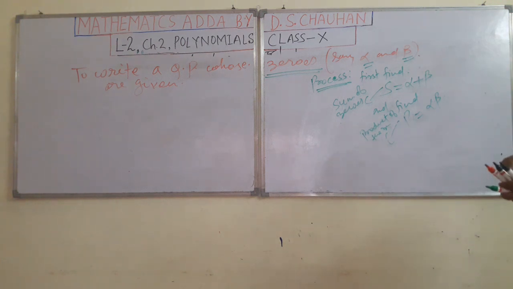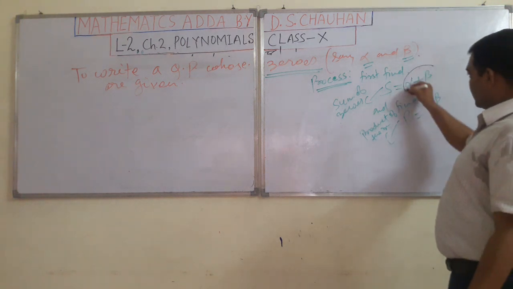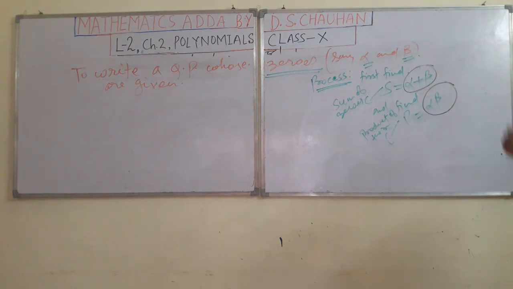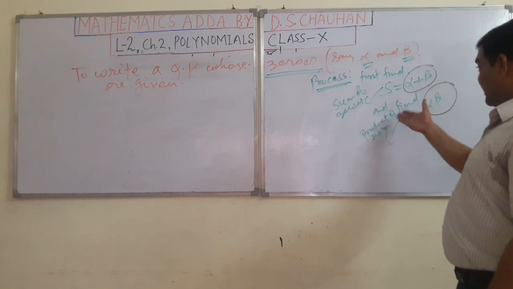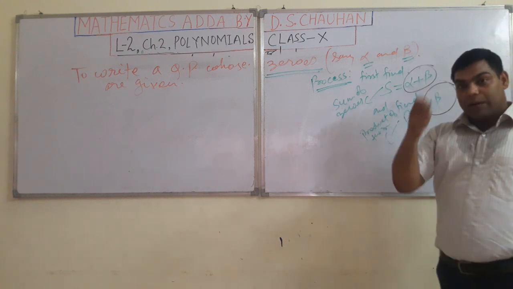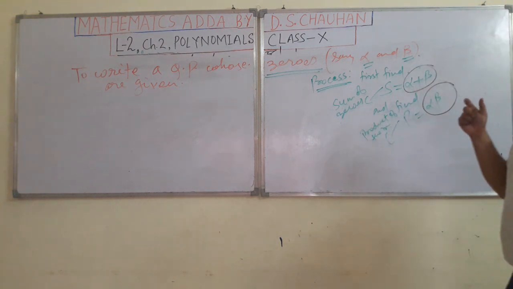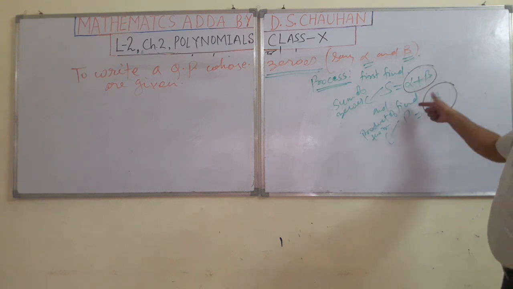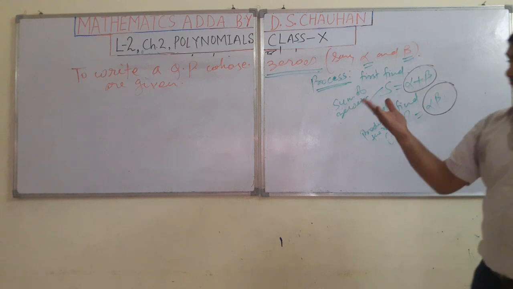Now students, you are at a stage where you have the sum of the zeros and the product of the zeros, and in the previous concept you have seen the formula. If the sum and product of a quadratic polynomial's zeros are given, we can write it easily.